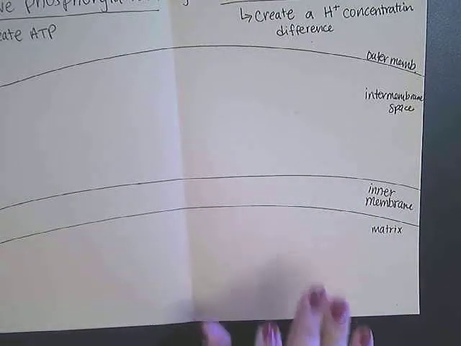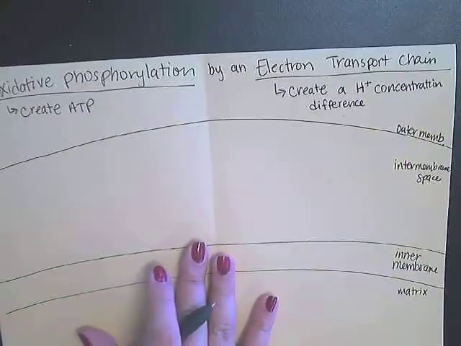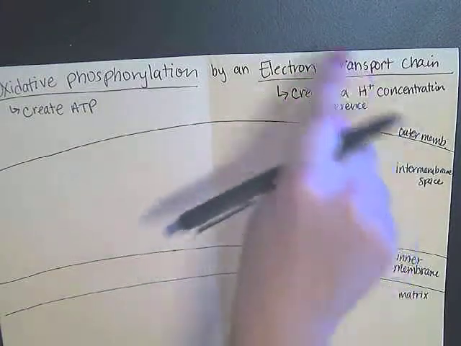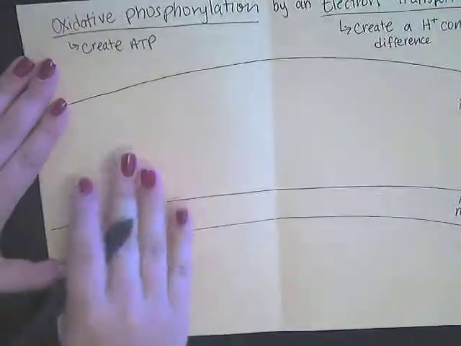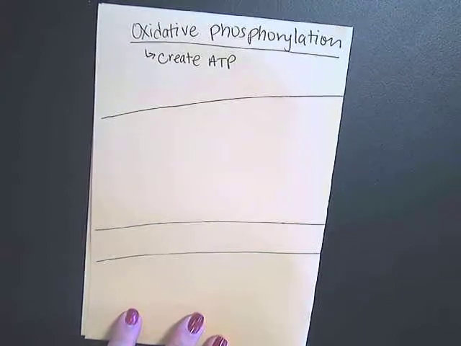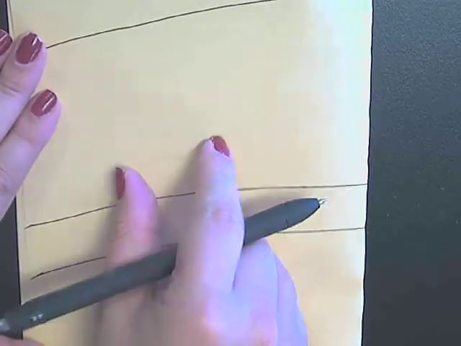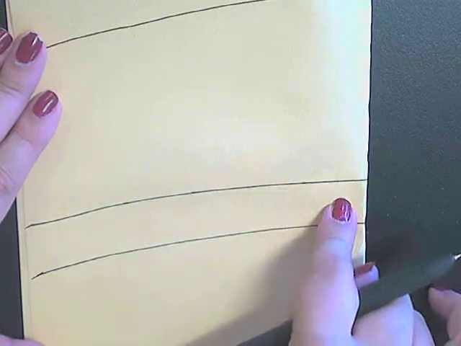So I'm going to take these two processes and talk about them. The first thing I'm going to talk about is the electron transport chain to create that difference. We're going to do that on the left side of your paper. I'm just going to fold this so that I can zoom in and so that you guys can see what I'm talking about. An electron transport chain is thanks to transmembrane proteins that are embedded in that inner mitochondrial layer.